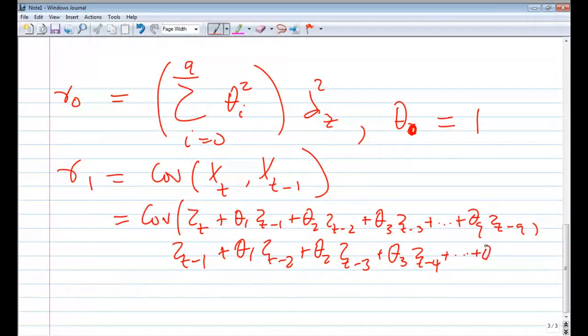Then theta q zt minus q minus 1. Let me write it nicely here. Then you close the brackets. Stay together.